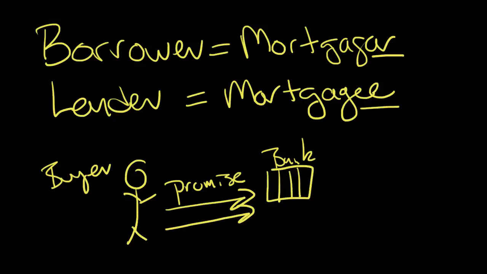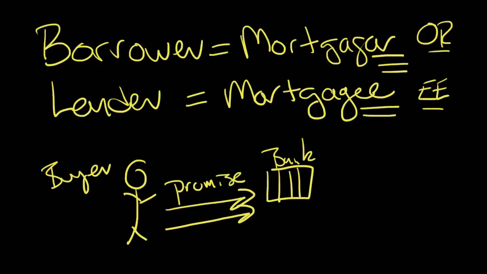And therefore, you, the borrower, are the mortgagor, and the lender is the mortgagee. Remember, of course, that the mortgagor, anybody with the OR at the end of their name, is always the person giving, and the person with the EE at the end of their name is always the person receiving. So, very important point here, just to drive that home. Very, very easy to get that confused.